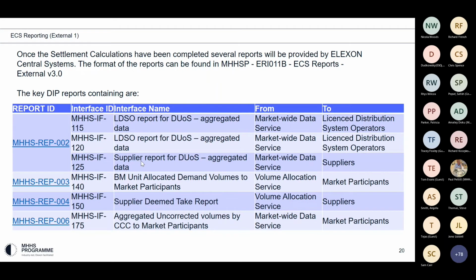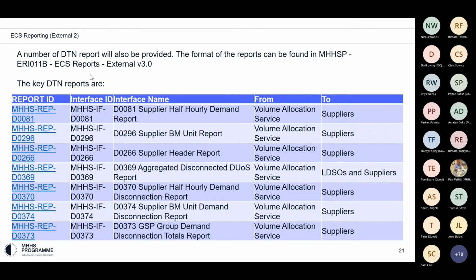You'll also see that there are some amended DTN reports. So we've got versions of the D81, the D296, the supply header report, the D266, and some of these are modestly amended due to changes for market-wide half-hourly settlement.